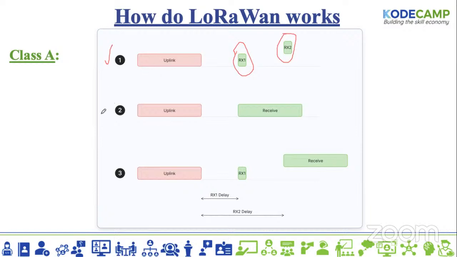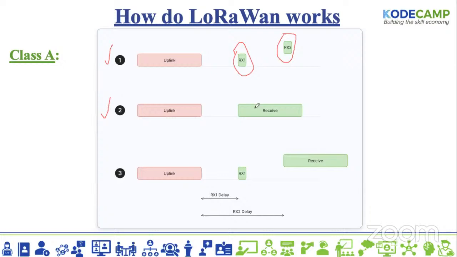So now case two. All right, let's talk about case two. Case two is when the device receives a downlink message during the first receive window, and therefore it does not open the second window. So this one has just one receive window. You don't see TX2. At this point, it only has one delay.